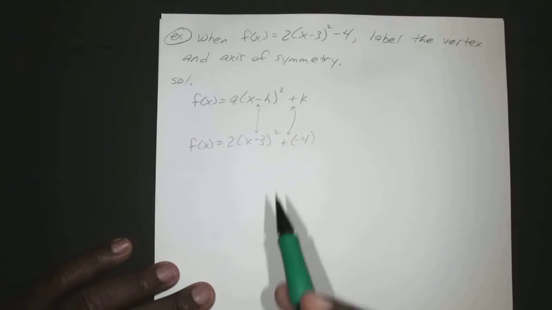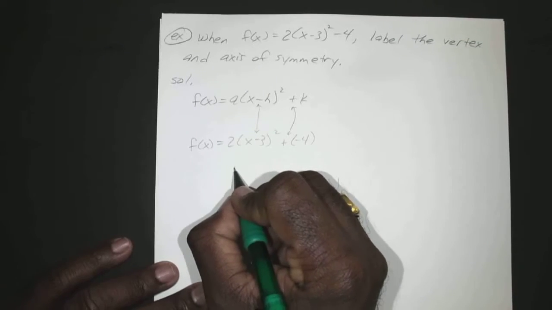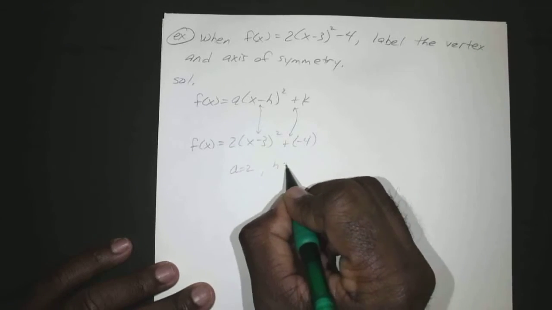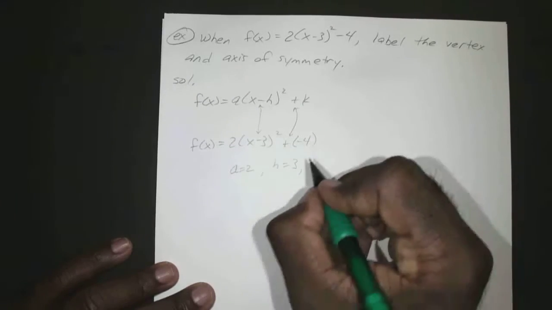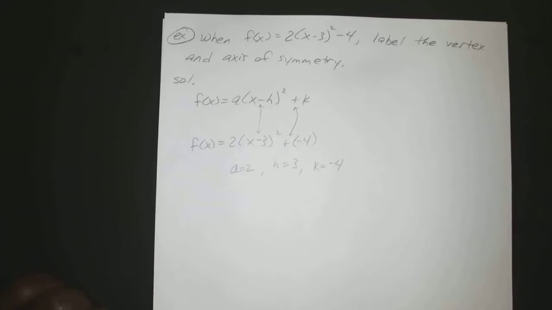Okay. So we know that our a is equal to 2, our h is equal to 3, and our k is equal to negative 4. So if we want to find our vertex, it's just our h and our k.